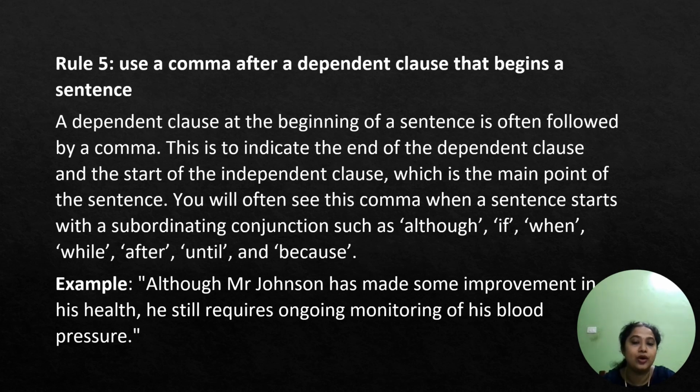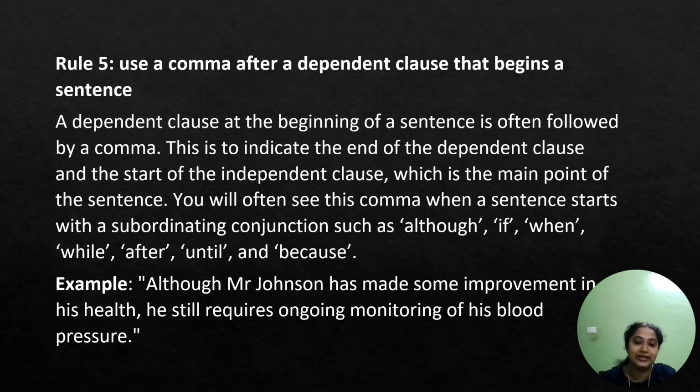The fifth rule is use a comma after a dependent clause that begins a sentence. What is a dependent clause? A dependent clause cannot stand alone. So that will be followed by an independent clause, and it is separated with a comma. A dependent clause at the beginning of a sentence is often followed by a comma.